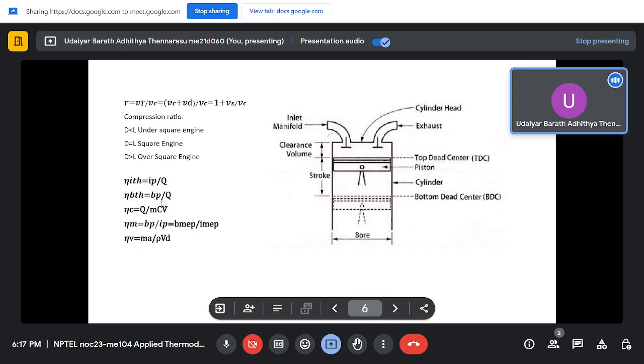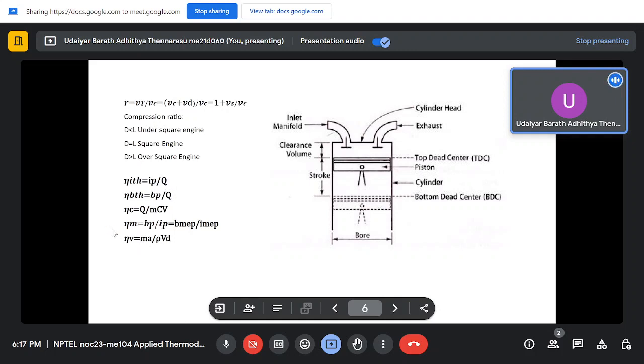So then you will get the brake power, and Q is the total amount of energy you supply. There is a term called combustion efficiency, which is the energy provided divided by the maximum calorific value of the fuel, the energy which the fuel can provide. If you assume that combustion efficiency is 1, then the indicated thermal efficiency will become IP divided by m dot times C.